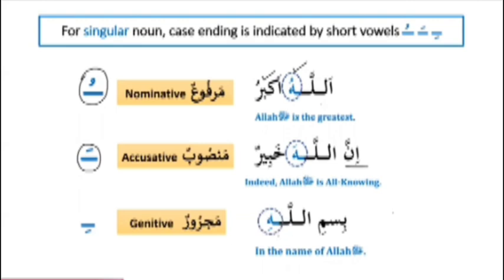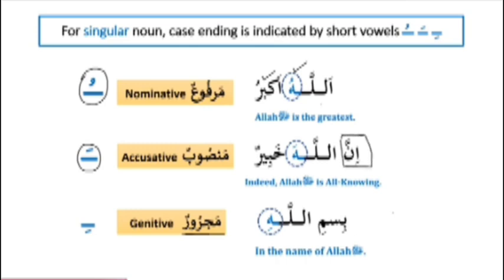And in the third example, we can see that Lafdhul Jalala has Kasra over here, and that's why we will say that this is Majroor. Now, if you remember, I told you that for a noun to be in a state of Mansub or Majroor, there must be an Amil.